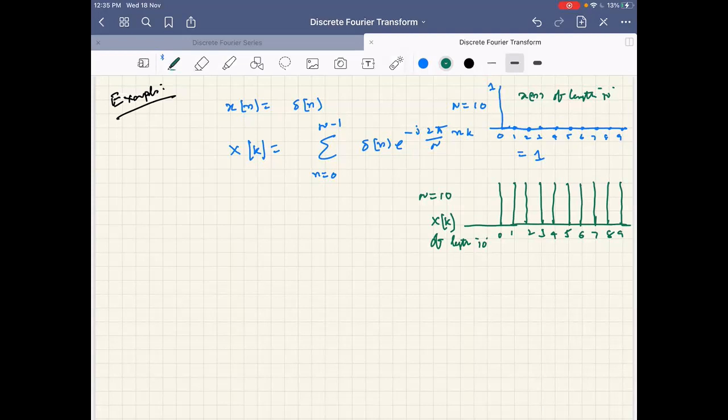Similarly, we can take another example. This is example 1, okay, example 2. Let us take the same example; we can anyway take different examples, but let us take the same example to understand the consequences.